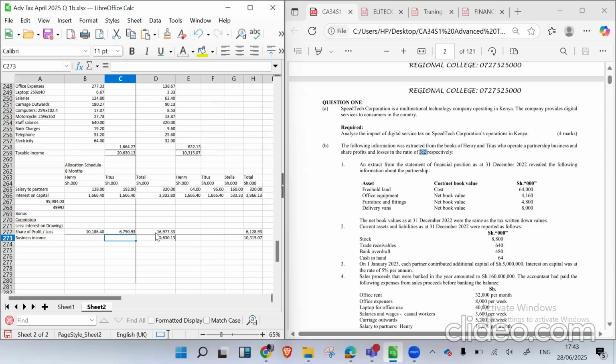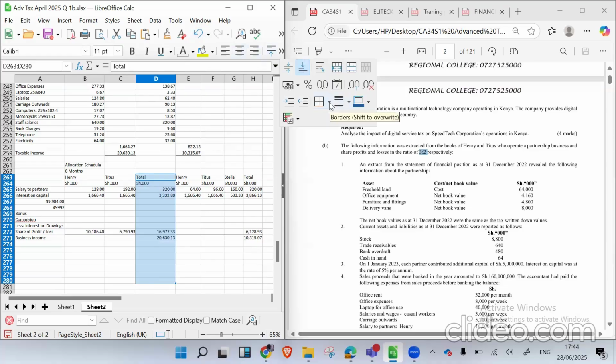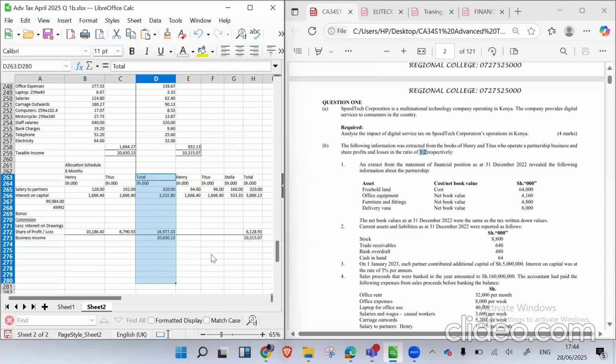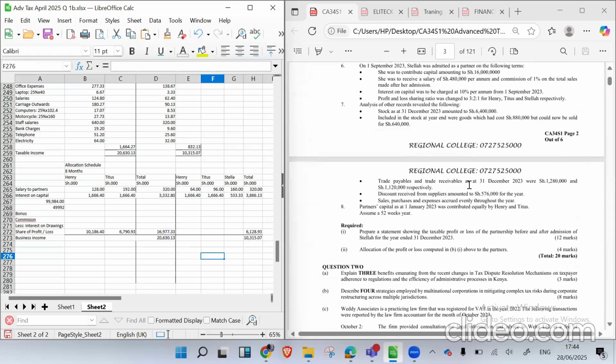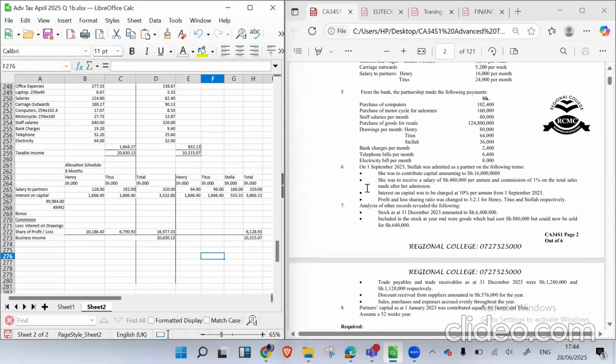So the share of profit and loss. That is for the 8 months. Can you have for the 4 months? 4 months, what was the new profit and loss sharing ratio? 3:2:1 for Henry, Titus, and Stella.